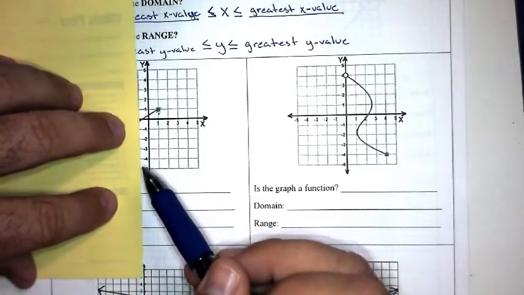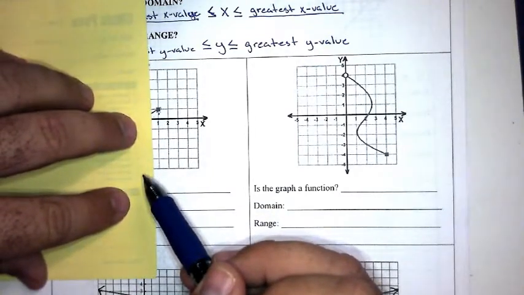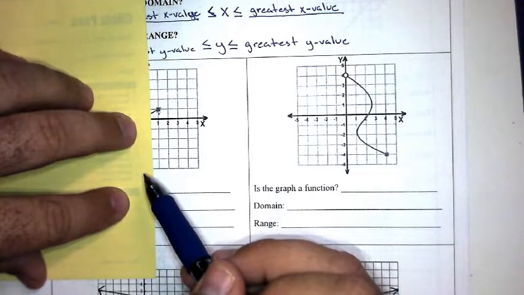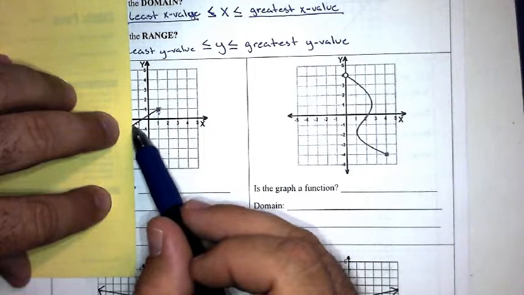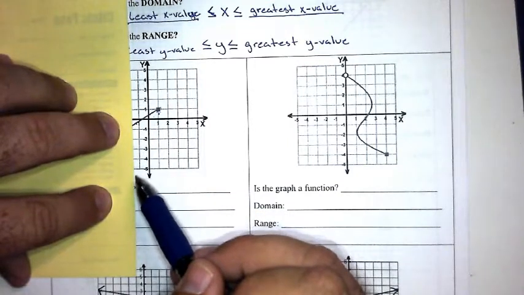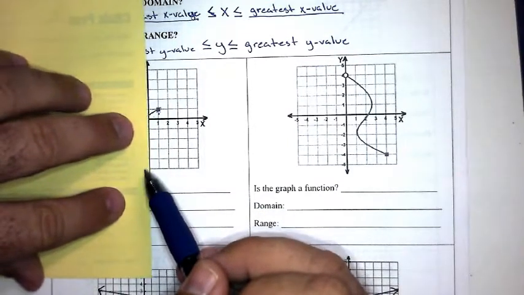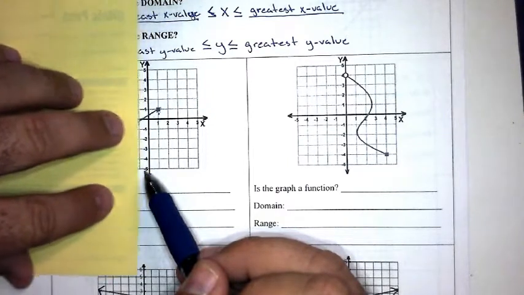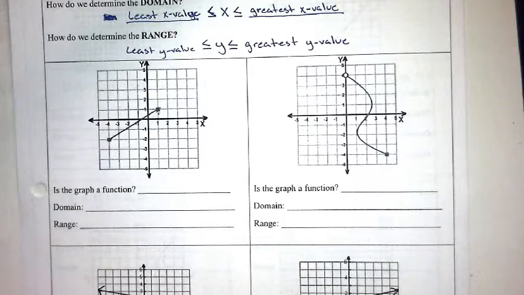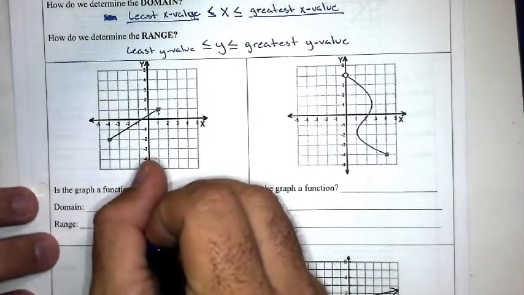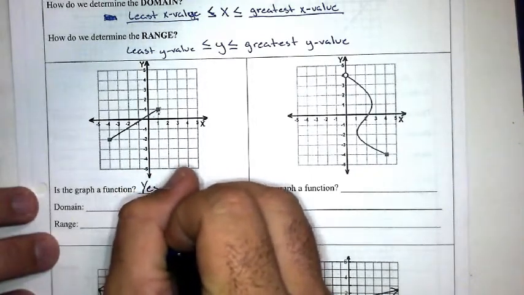So if I put this anywhere on this graph, is this touching this edge twice? No. It's only touching it once. No matter where I go on this graph, it's only touching it once. That means you passed the VLT, which means that this is, yes, a function, and it passes the VLT.